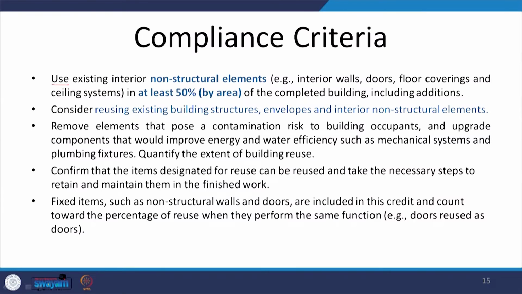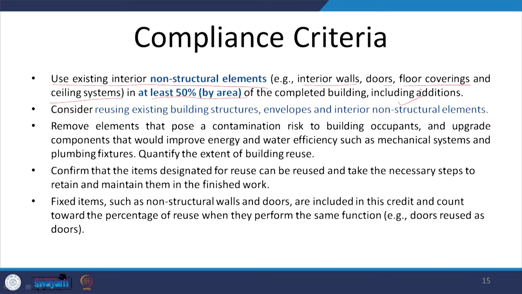So, these kinds of non-structural elements also have to be reused, and they can be reused. The compliance criteria says to use existing interior non-structural elements, which includes interior walls, doors, floor coverings and ceiling systems in at least 50% by area of the completed building, which includes additions.